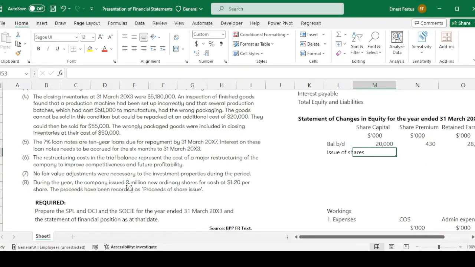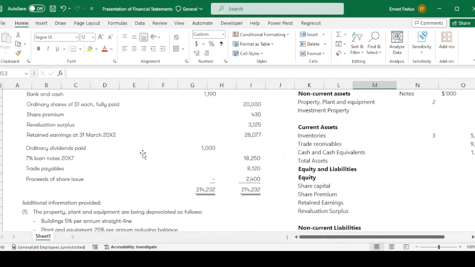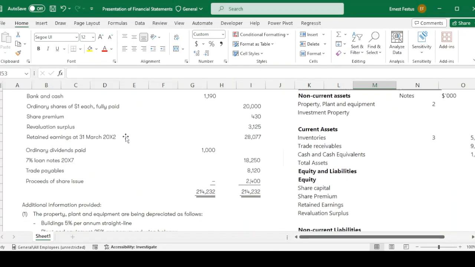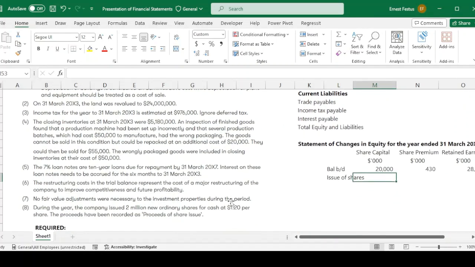So during the year, the company issued 2 million shares for cash at 1.20. Now, in our trial balance, we are told that the ordinary shares are valued at $1 each. So if it has been issued at $1.20, then the 20 cents here is a share premium. That is the premium element of the shares we issued.